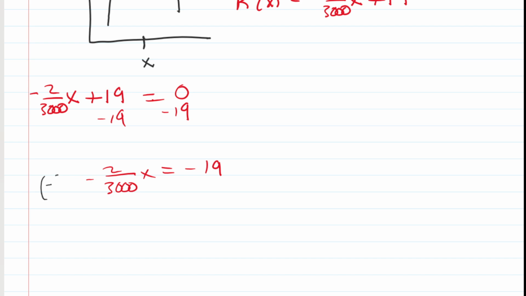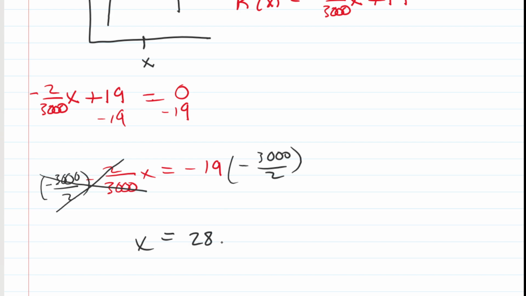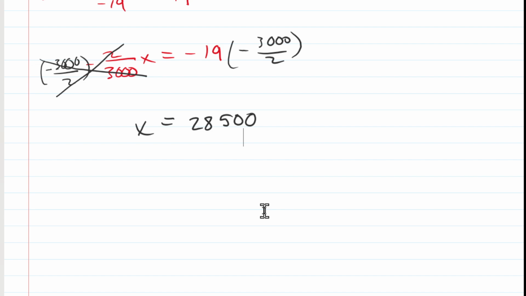So multiply by negative 3,000 over 2. You're going to do that on both sides, just like that. And then when you do that, the 2's cancel, the negative 3,000's cancel. You're going to be left with x. And then you can punch this into a calculator, and you're going to see that x is 28,500. So that is the x value at which the revenue would be maximized.